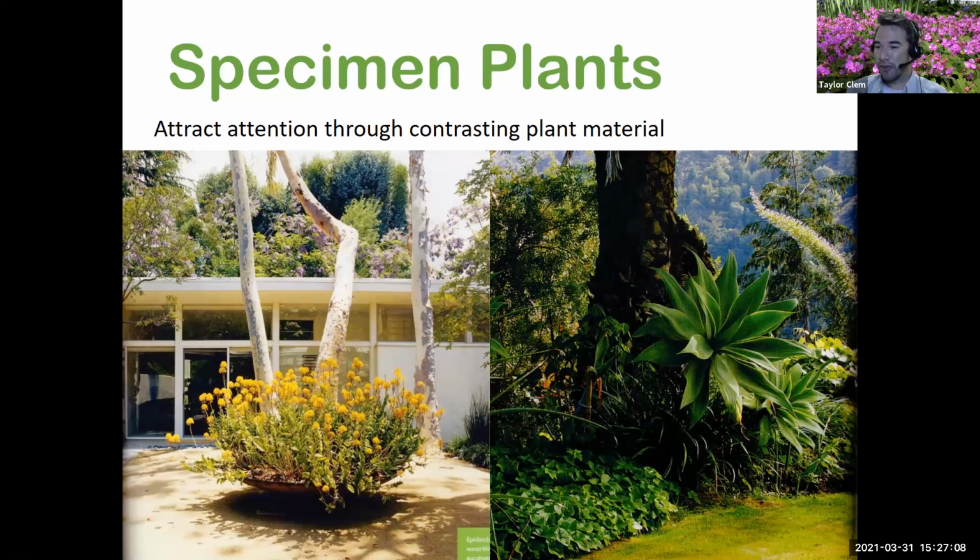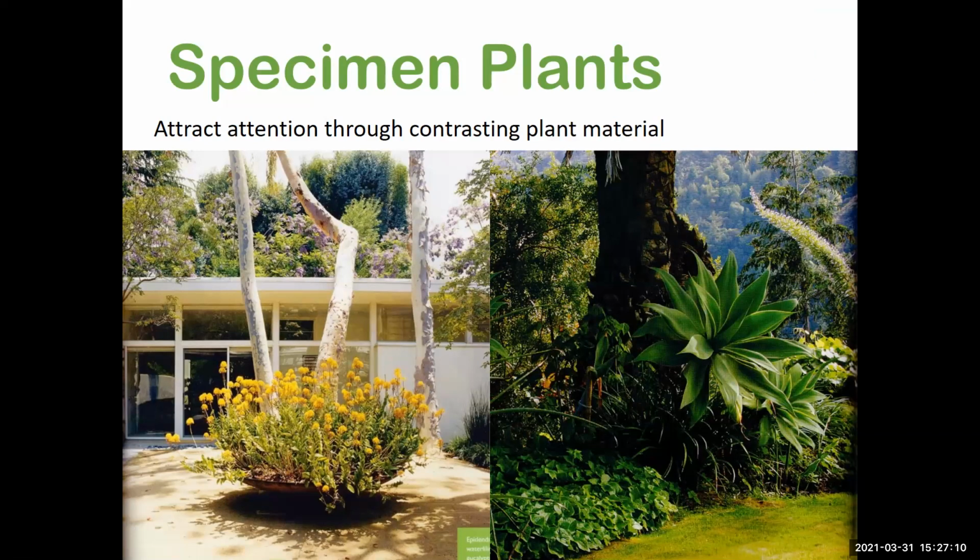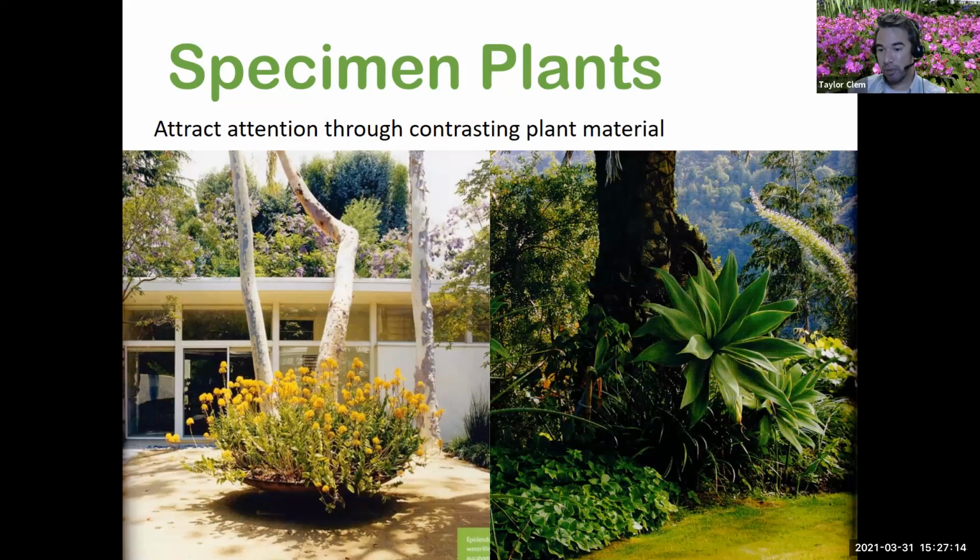What's the first thing you looked at in that image? The century plant that's hanging up there. That's where your eye immediately goes. So they're using big, bold contrast elements to direct your eye to look at specific things. If there's something you want to hide, like your trash can or your AC unit, don't put emphasis plant material around it. Put something that just hides it.